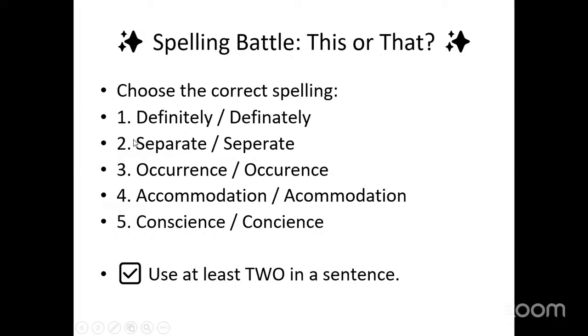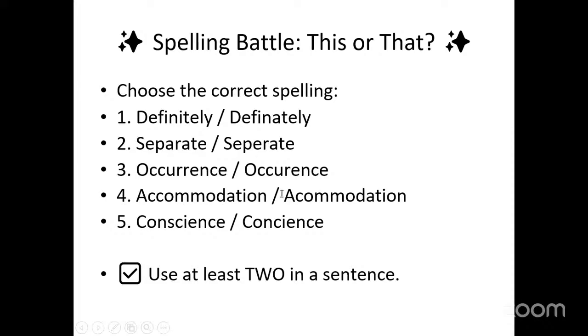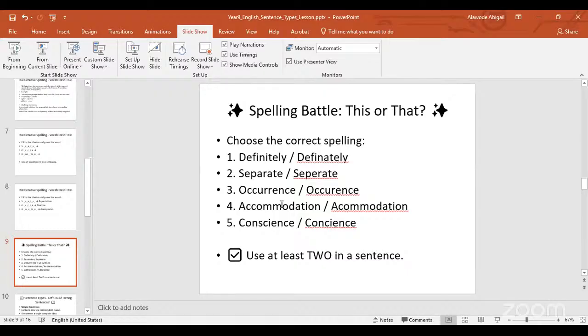Agreed? Yes. All right, let's see. I think you only got number 4 and 5 correct. You see why? So number 1 is the first.